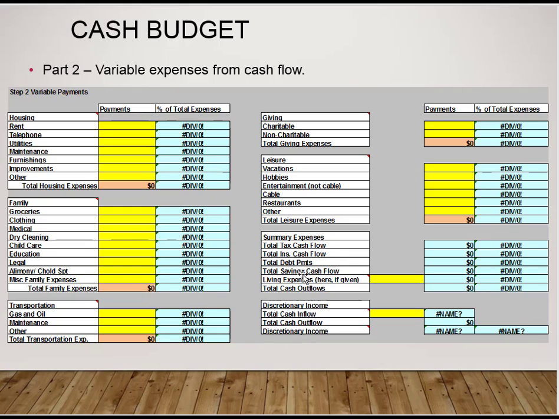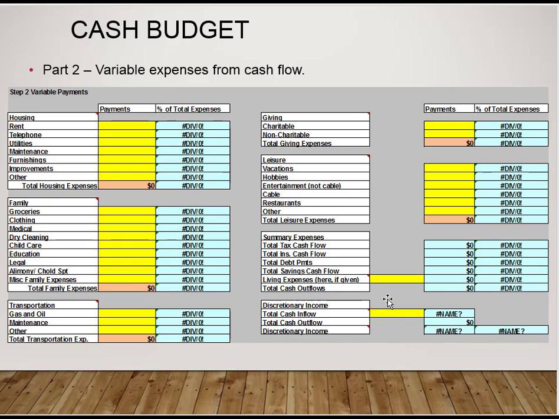So in the end, what do we have? We have the total cash flows from the previous example. Here's the living expenses. So now we have total cash outflows. What is the total cash outflow of this person? Again, the total cash inflow comes from the previous slide, right?